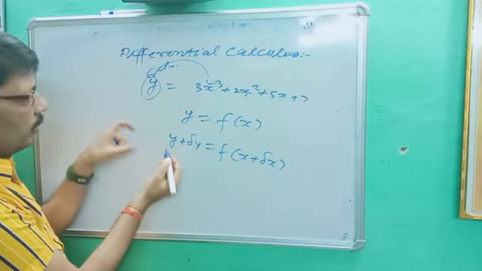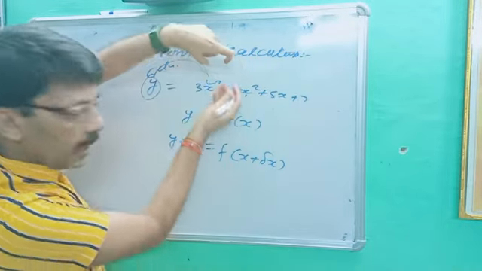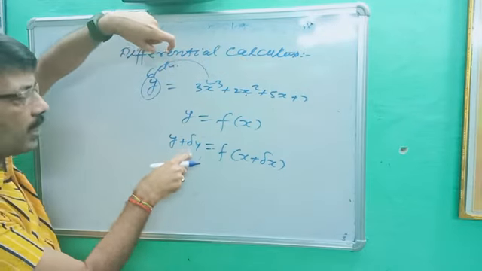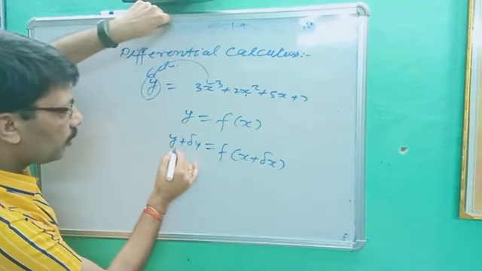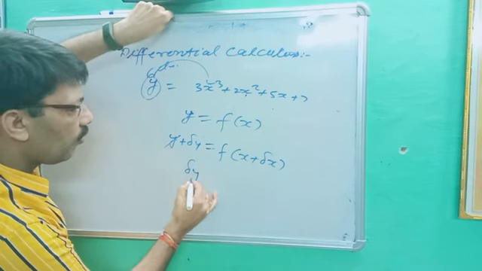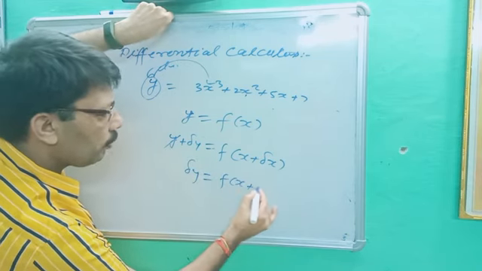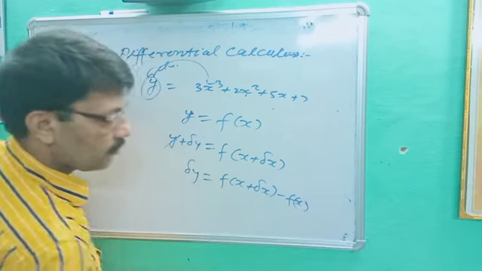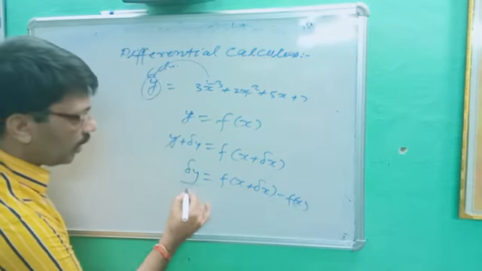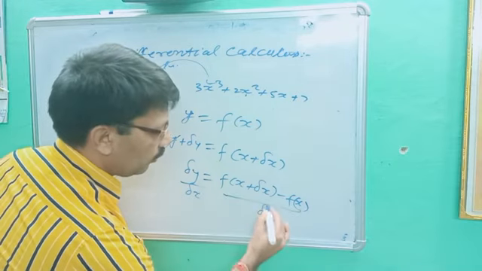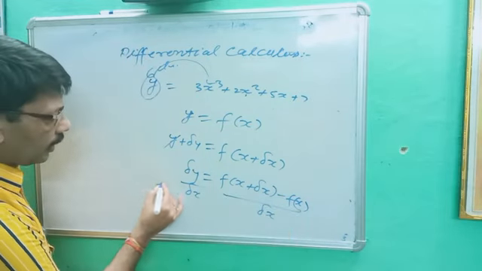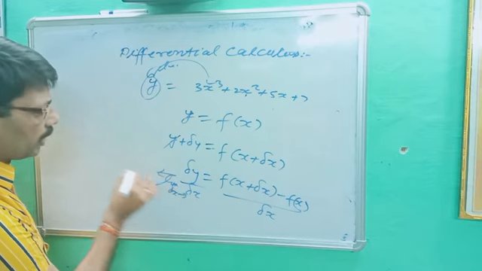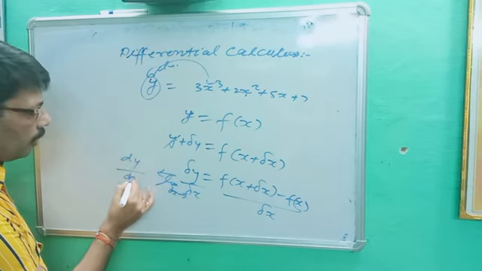If we subtract them, y cancels out and we get delta y is equal to f(x plus delta x) minus f(x). If we divide by delta x and take the limit delta x tends to 0, it becomes dy upon dx.